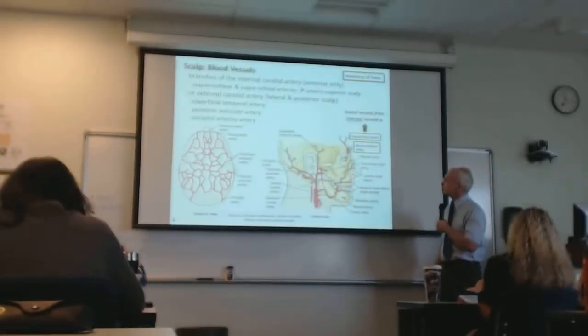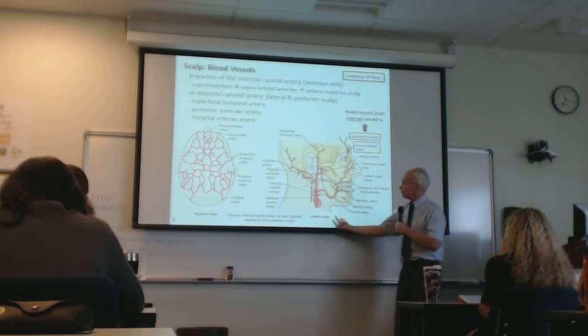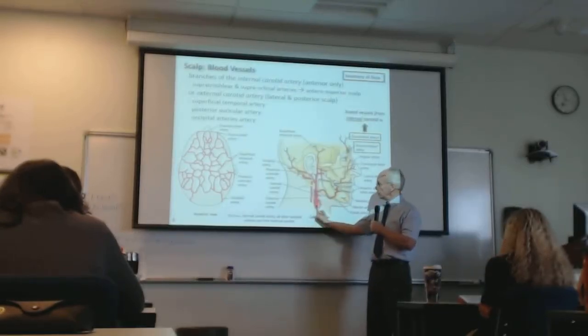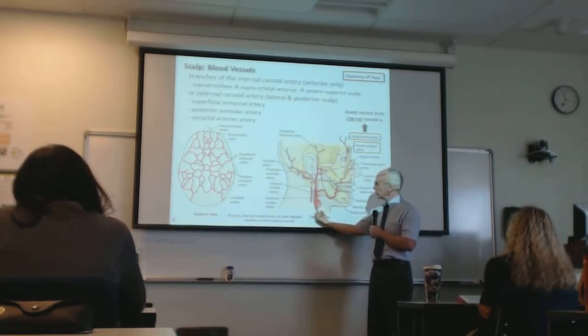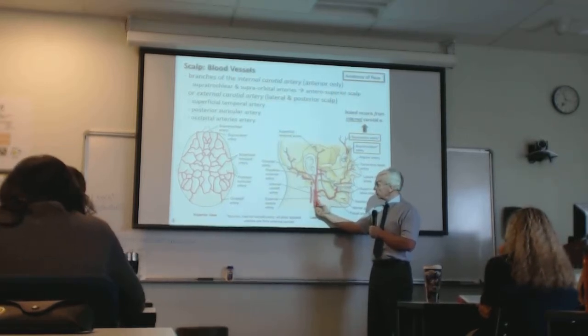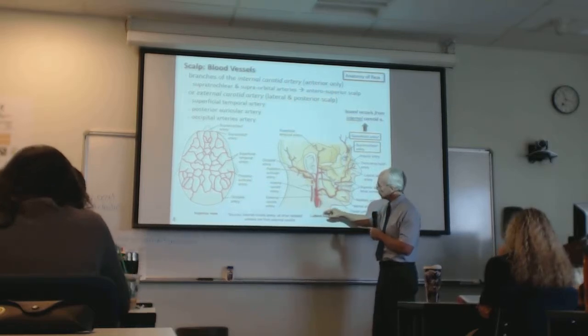Here we're looking at a synopsis of blood supply to the scalp. Remember, the blood to the head is going to originate in these common carotid arteries. Common carotid then separates into the internal and external branches.